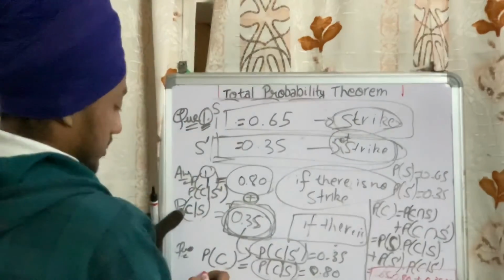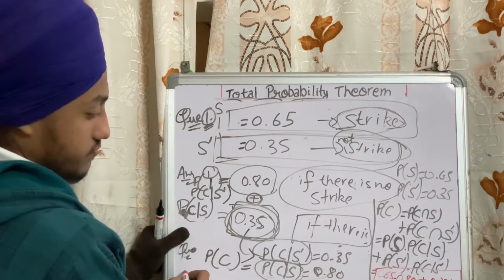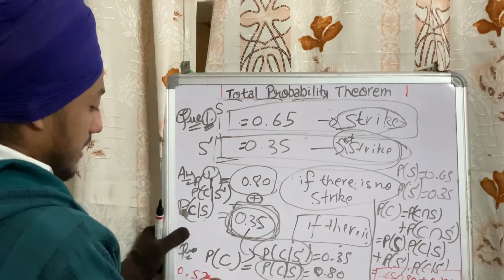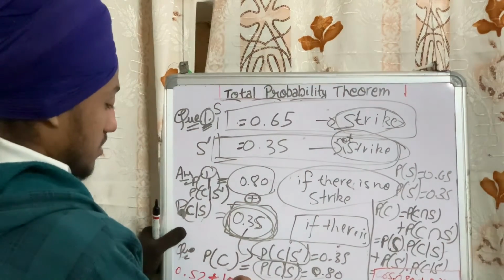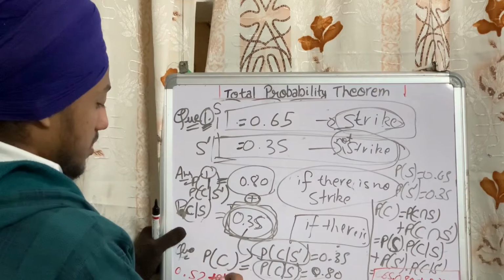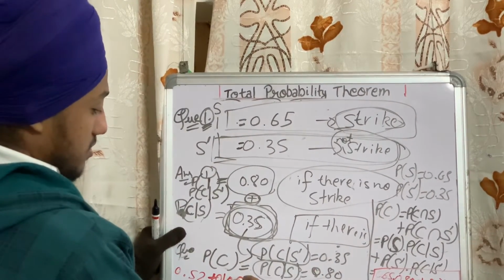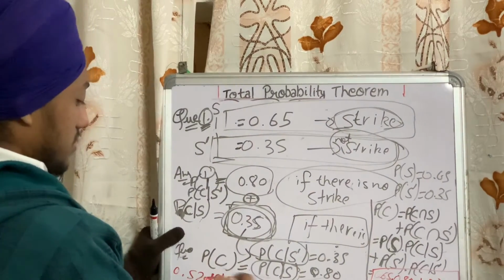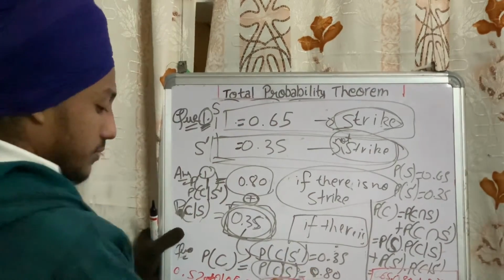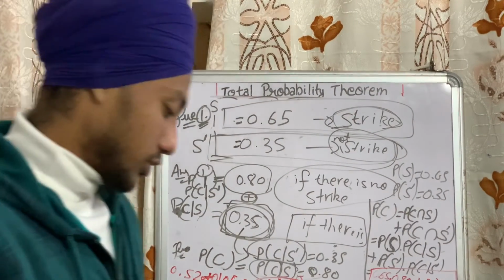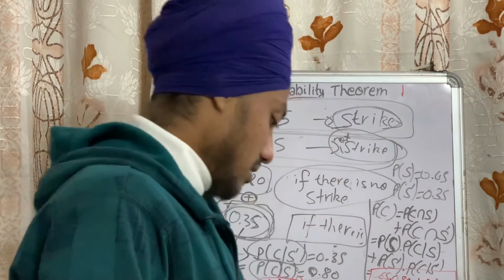So it's nothing but 0.52 plus 0.105. That's the idea we can use. 0.625 is the probability that we can look at.